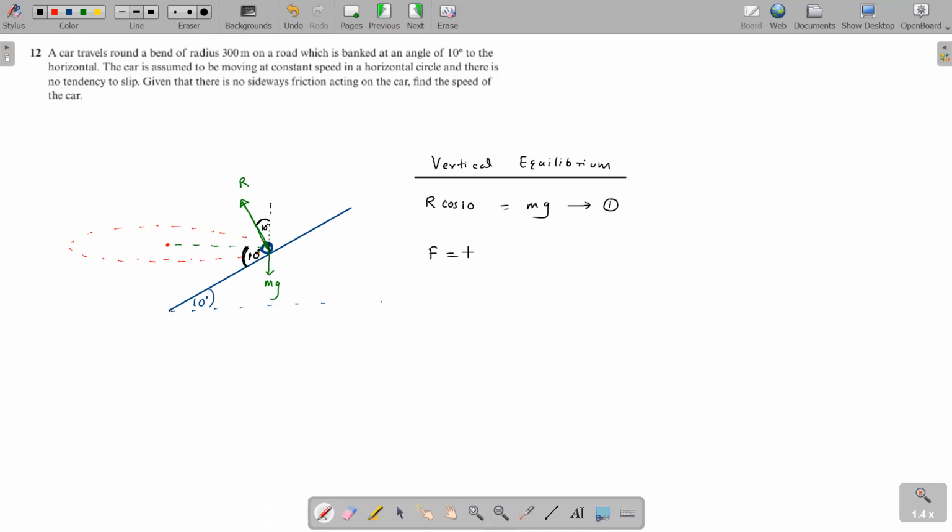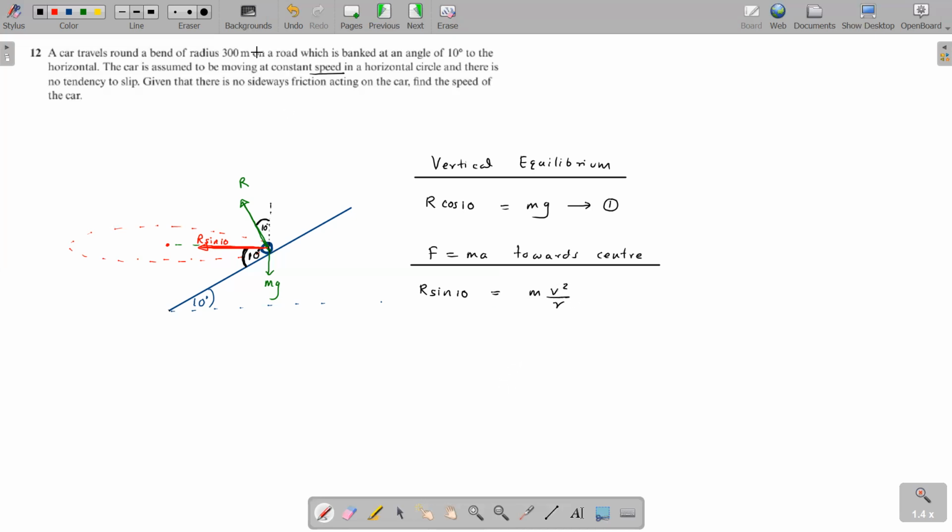And when you apply F equals ma towards the center, the force towards the center is R sin theta, right? So R sin 10 is the force that's acting towards the center. So R sin 10 equals m R omega square. Basically they're asking us to find the constant speed. So in that case, we'll use v square over R.